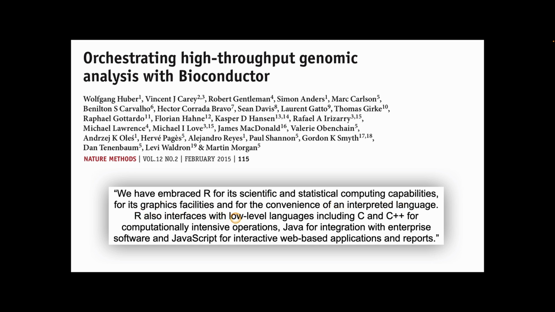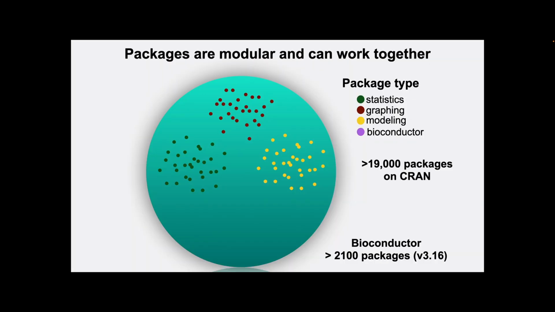R also interfaces with low-level languages including C and C++ for computationally intensive operations, Java for integration with enterprise software, and JavaScript for interactive web-based applications and reports." In other words, you get a lot by going with R. You get the stats and the graphics and the modeling, but you also get the ability to connect with many other programming languages. So then it follows that really Bioconductor is a set of software packages that were built within R and that leverage these pre-existing strengths of R, like statistics, graphing, and modeling.